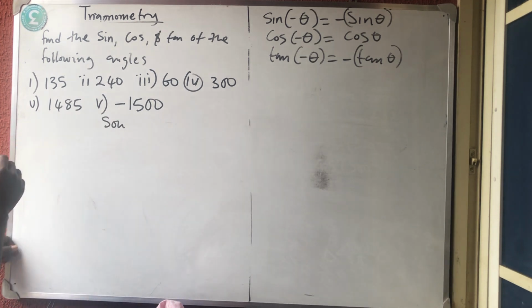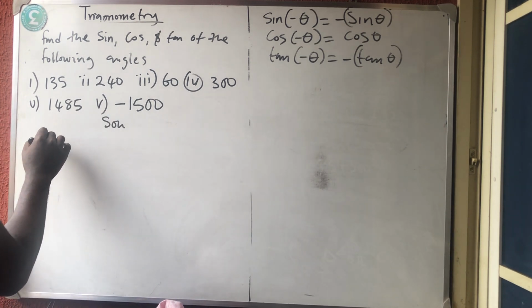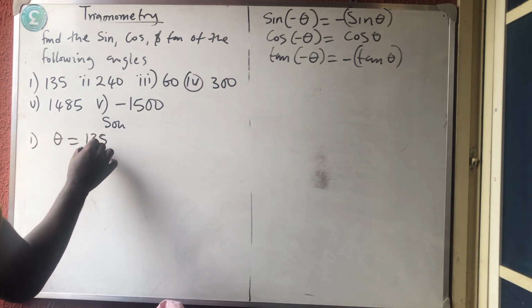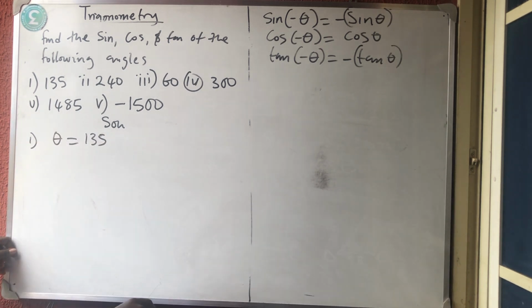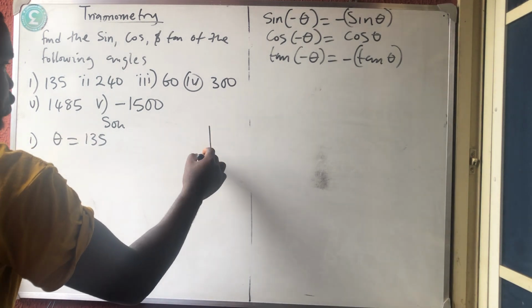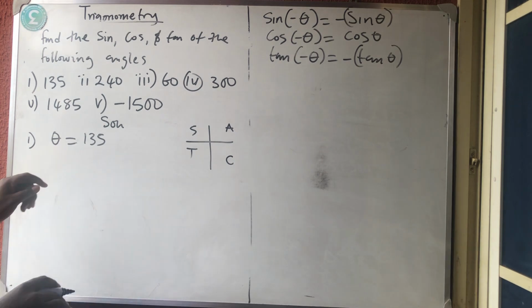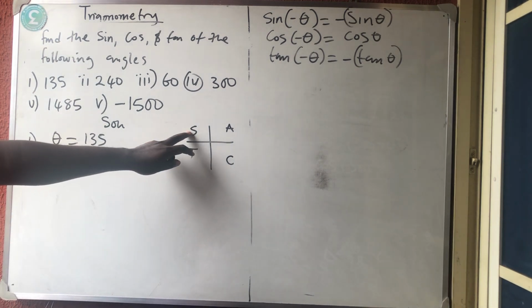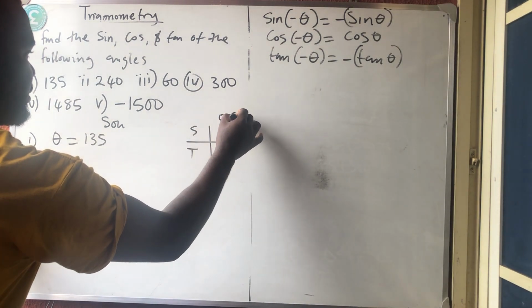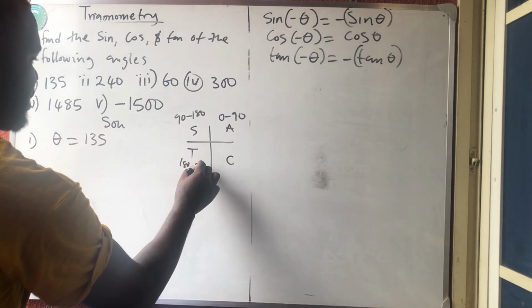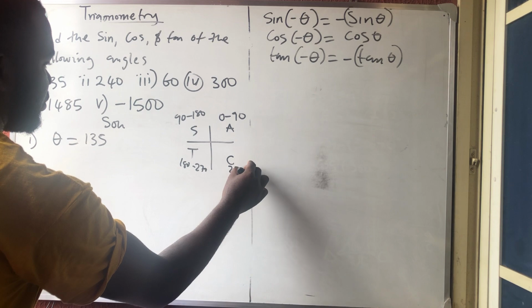This will help you. For the first one, number 1, theta is equal to 135. Before you solve this, you must do your CAST, C-A-S-T, to know what you are doing. 135 falls in the second quadrant, because this is from 0 to 90, 90 to 180, 180 to 270, and 270 to 360.